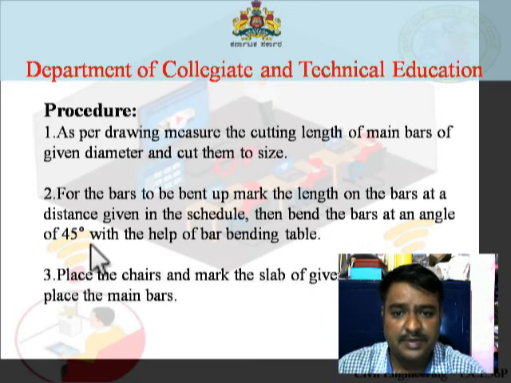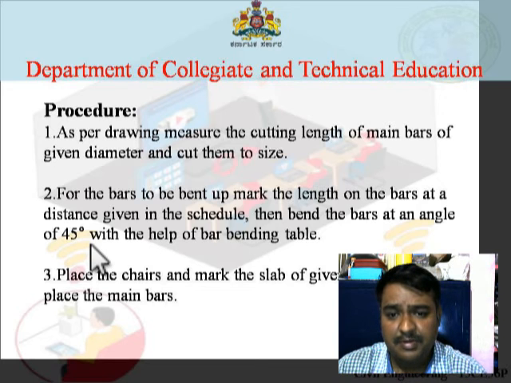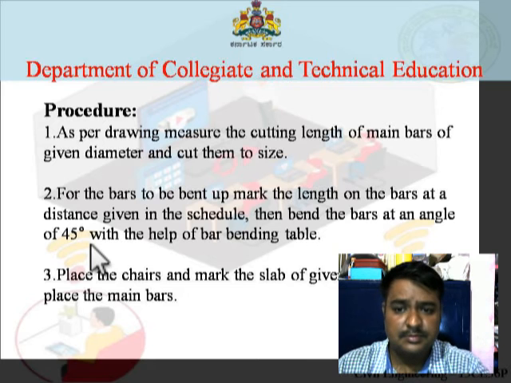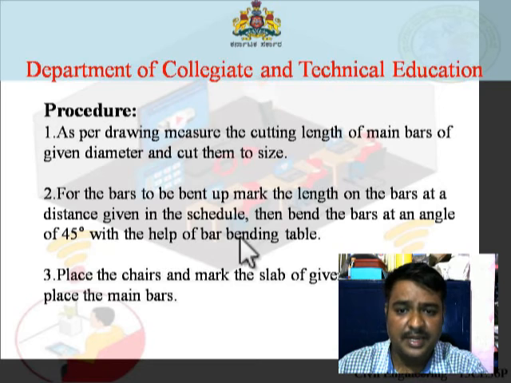So this is also very important. Bend the bars at an angle of 45 degree with the help of a bar bending table. We should have a bar bending table and levers and chisel, hammer, etc. for the cutting and bending of the steel bars.